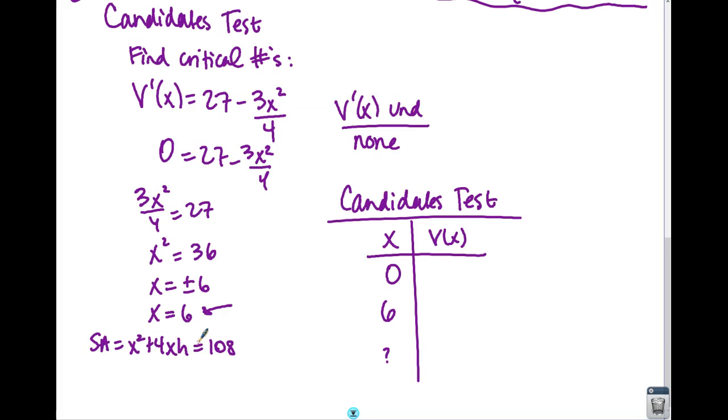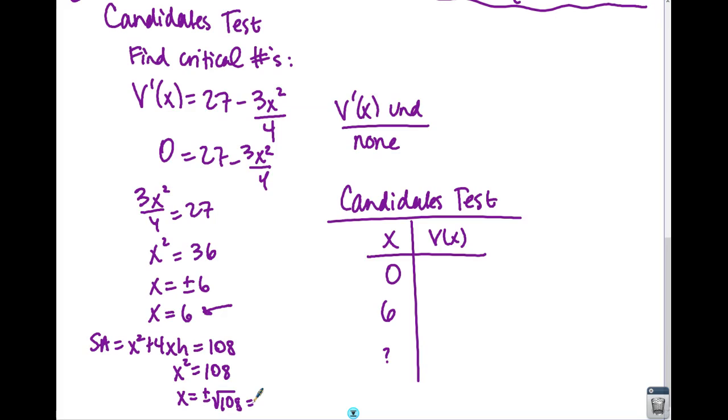Well, essentially that's the biggest value for x that you can possibly get, because the bigger your h is, the smaller your x gets, because you have to take space from somewhere. So if I assume that h was equal to 0, my largest possible value for x would be when x squared gives me that exact 108. So x is equal to plus and minus root 108, the square root of 108.